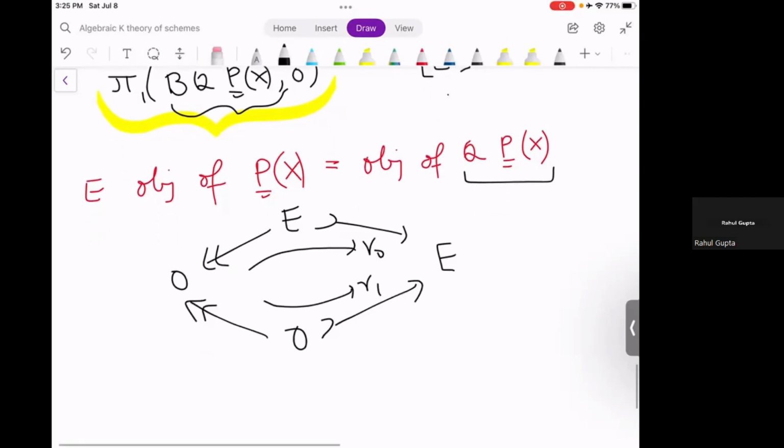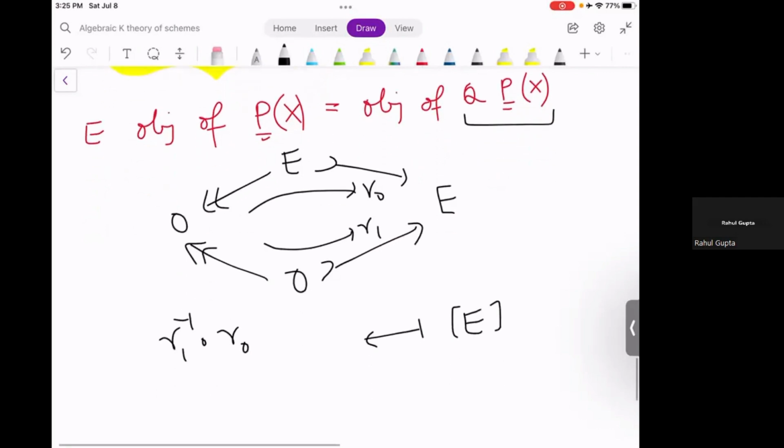The loop I'm going to consider along E, the class of E, I will map to gamma naught composed with gamma 1 inverse. Okay, this is a path, and I can take the inverse of the path. And this is a map from, say, S1 to BQ.